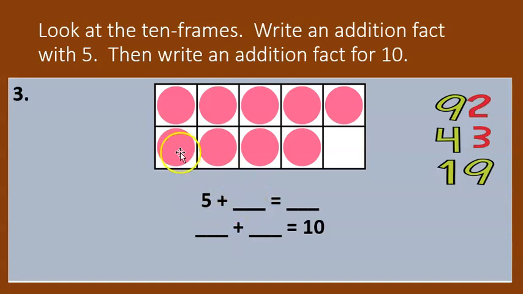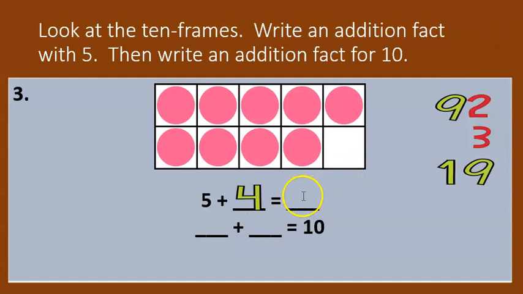To get this number, we have to look at the second row. We have to count up how many pink circles are in the second row. Let's count. 1, 2, 3, 4. So what number goes here? 4. So let's put 4 there.